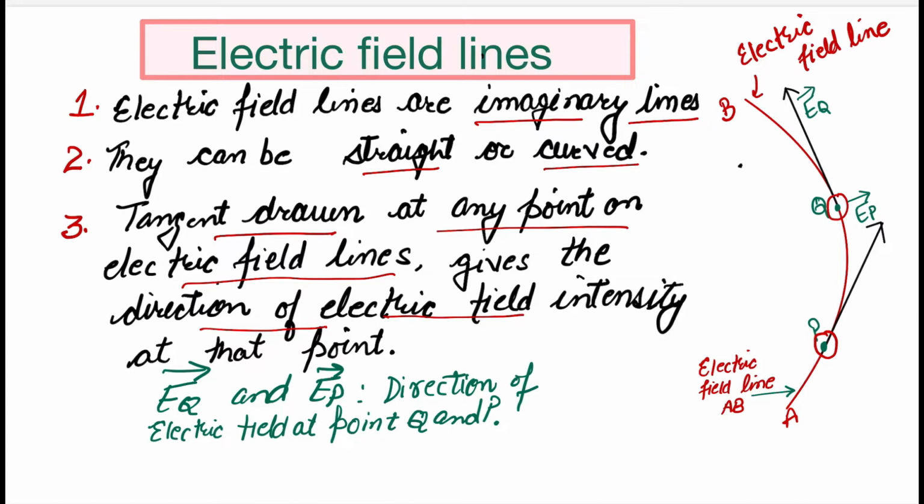So, for the point P, the electric field direction is represented by vector EP, and for the point Q, the direction of the electric field is vector EQ. And we know that the electric field and the force have the same direction. If we bring any test charge in this electric field EQ, then the force experienced will have the same direction as that of the electric field.